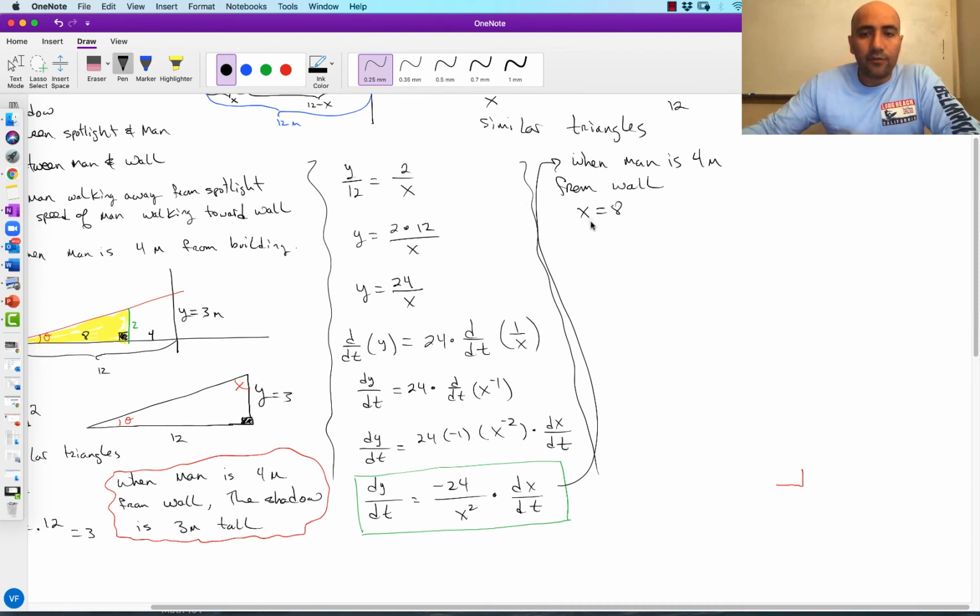Good. And that's the value of x. So now we also established that dx/dt is given as 1.6. So we got everything we need.